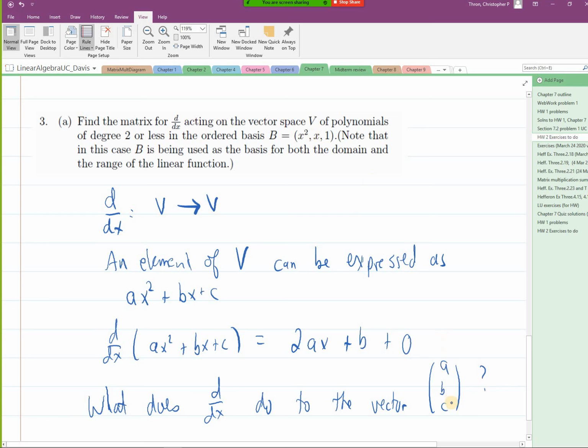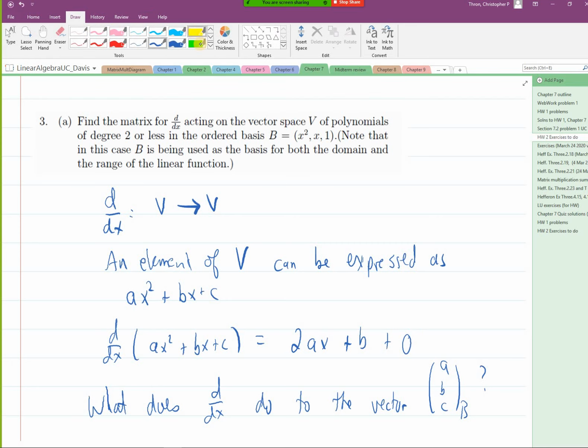All right, now ABC is expressed in the basis B. A is the coefficient of the squared term, and B is the coefficient of the x term, and C is the constant. So do you see that this here is this? Right.